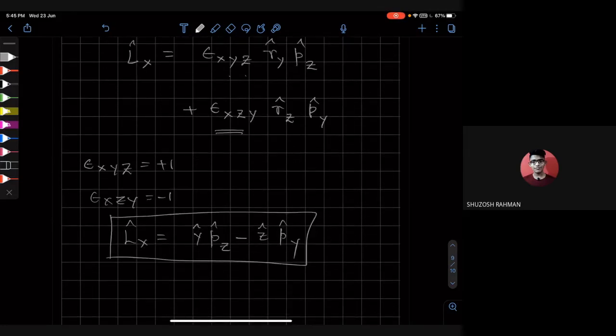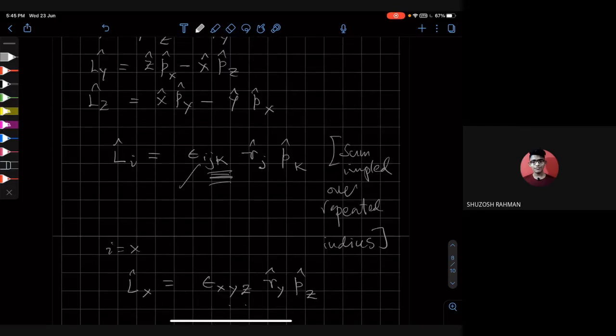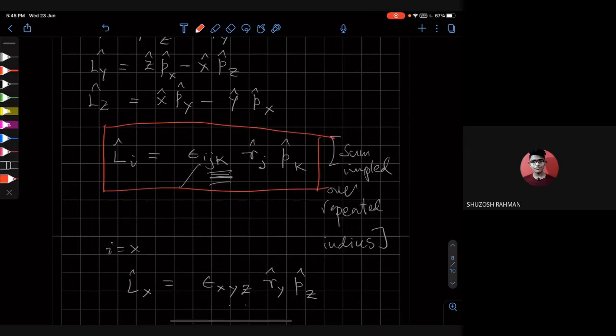Okay, so you should be convinced. You can do two more. You can be convinced that this is a shorthand for these three equations. Okay, any questions?